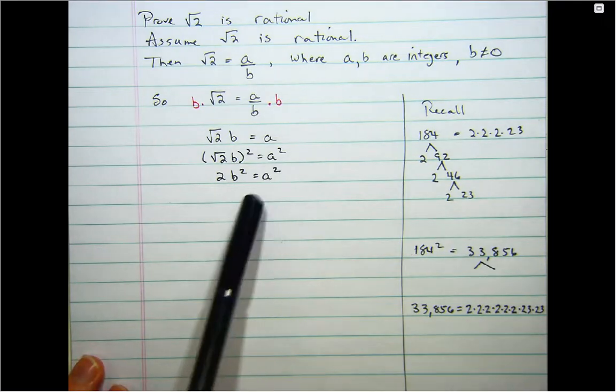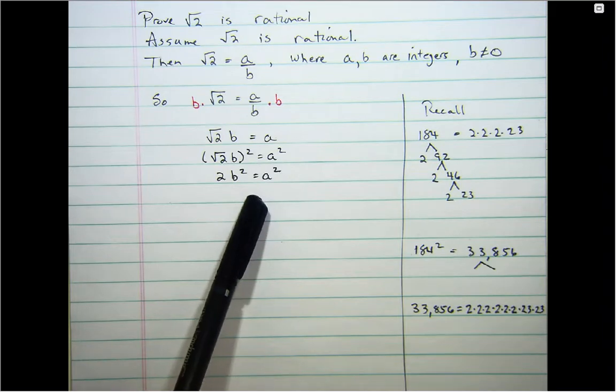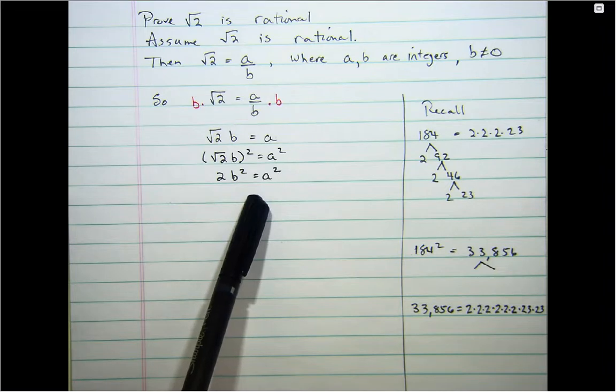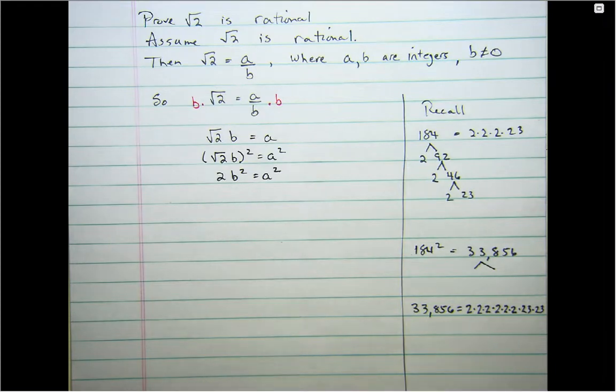So is anybody seeing why this 2b squared equals a squared was a big problem for the Pythagoreans? Why this shot a hole in their theory?